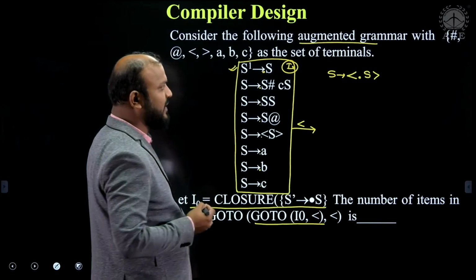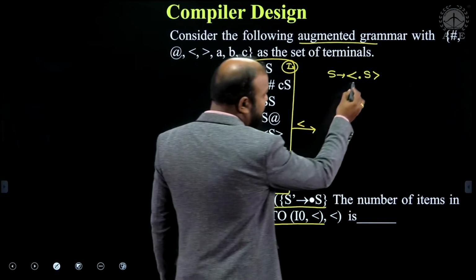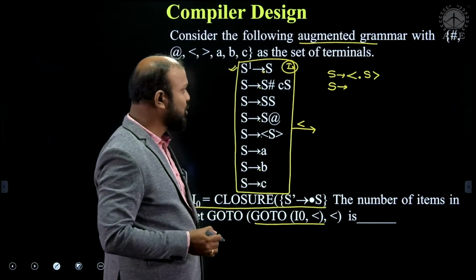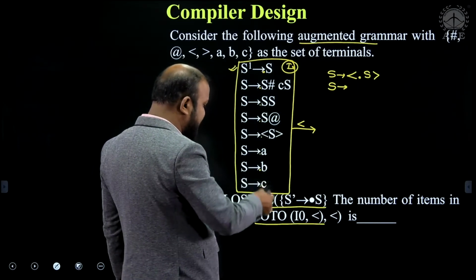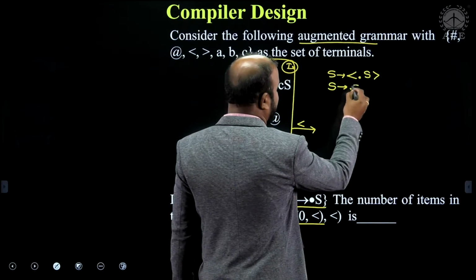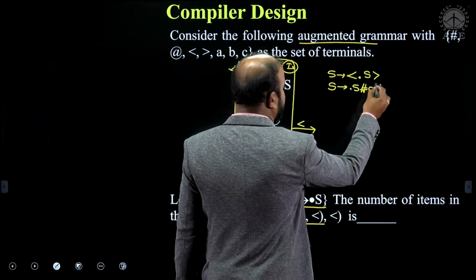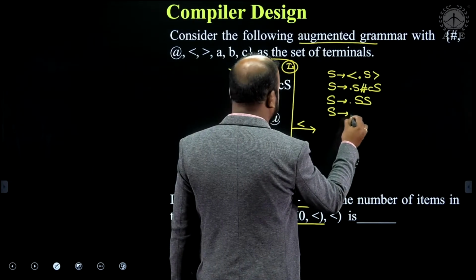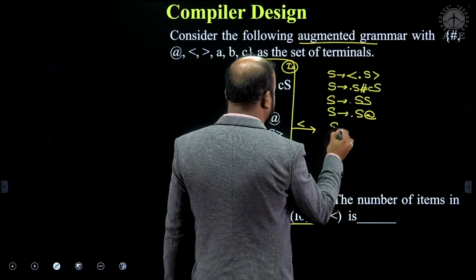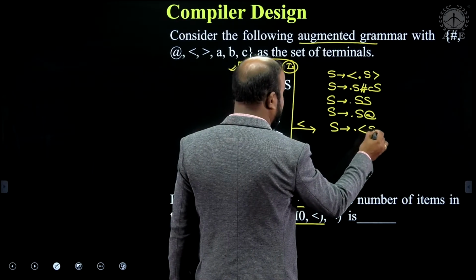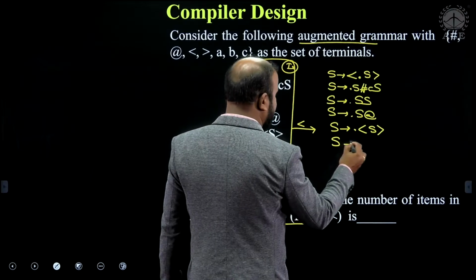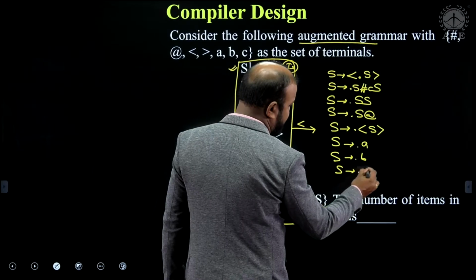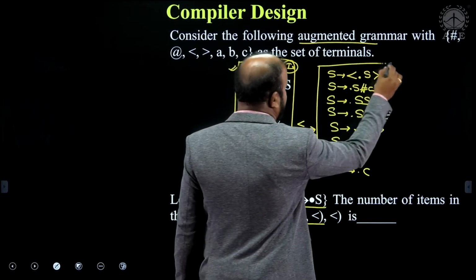That is one item. But here you observe dot S means we need to add all the S productions in the same closure set. We do have 7 S productions, that is dot S hash CS, S tends to dot SS, S tends to dot S at the rate, S tends to dot lesser S closure, S tends to dot A, S tends to dot B and S tends to dot C. This is one closure set.